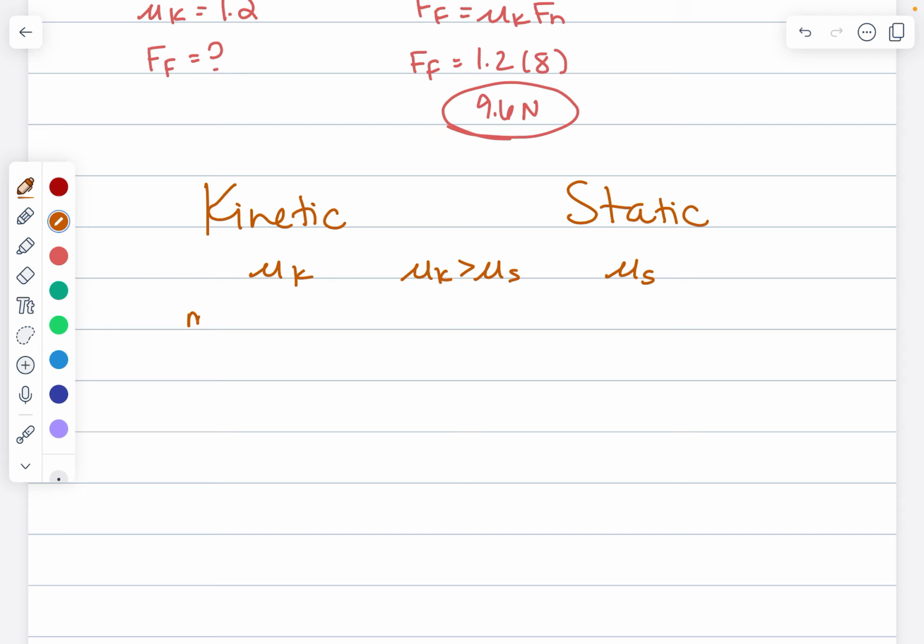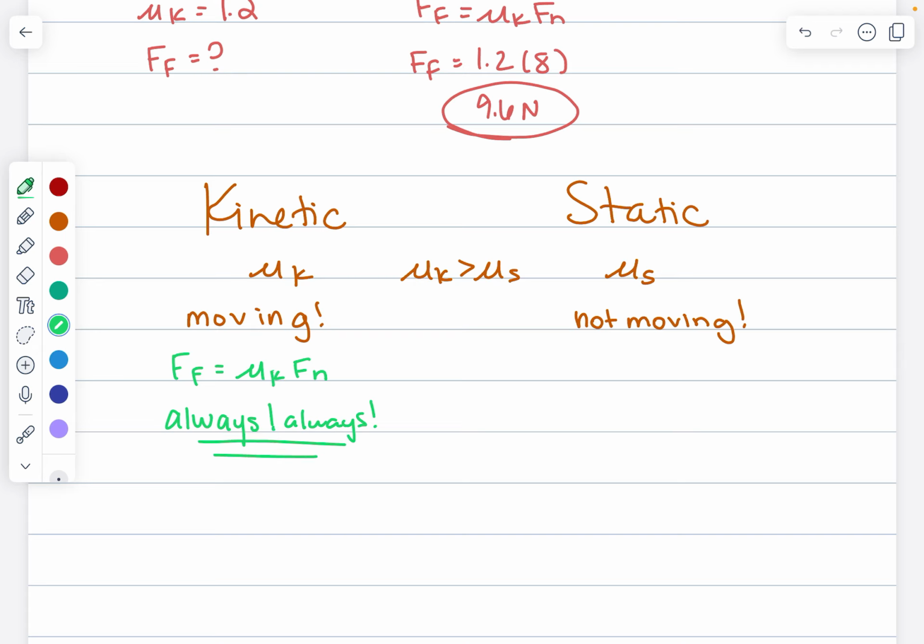As a reminder, kinetic friction is what we use when something is moving. Static friction is what we use when something is not moving. But here's the most important thing. I'm going to put it in green. The force of friction, kinetic, is always equal to UK Fn. Always, always, always. This is the kinetic friction every single time.